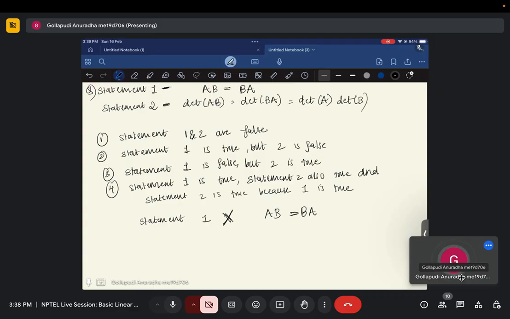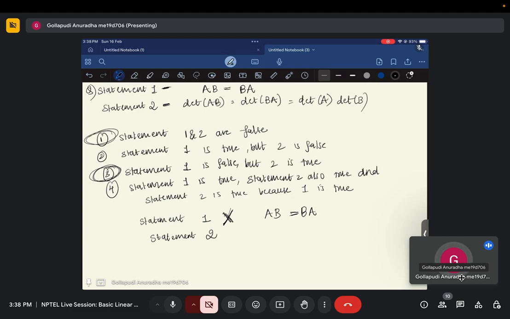What about statement 2? Determinant of AB is equal to determinant of A into determinant of B because both become scalars, but determinant of AB doesn't equal determinant of BA, I think. Since statement 1 is definitely false, it is either option 3 or option 1, right? A dilemma between these two.